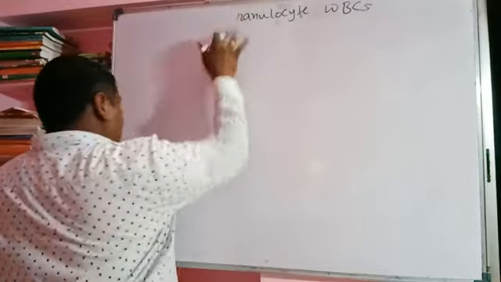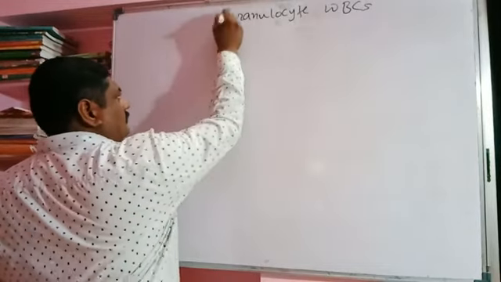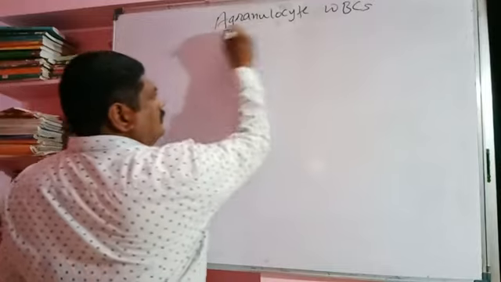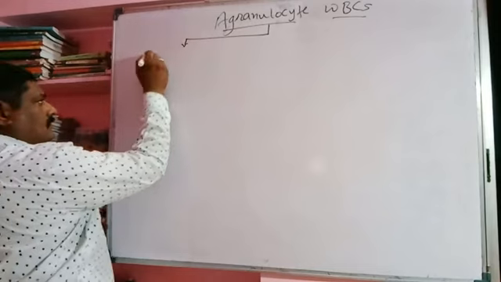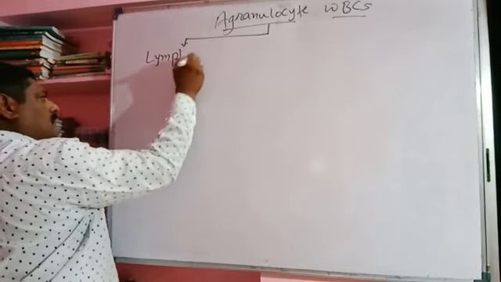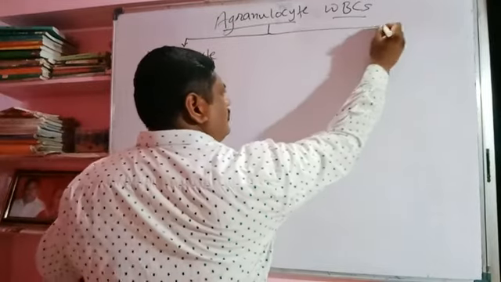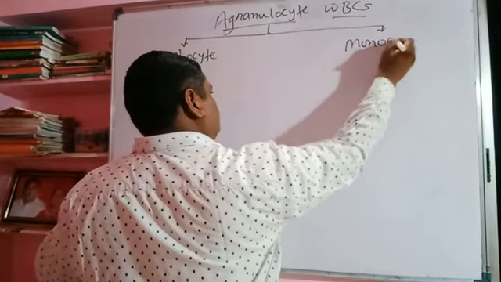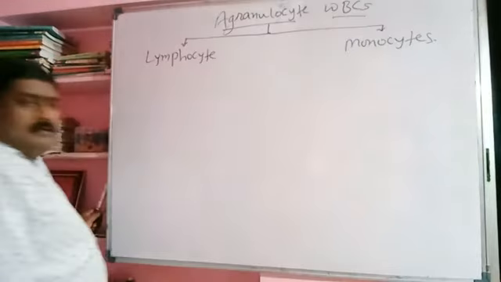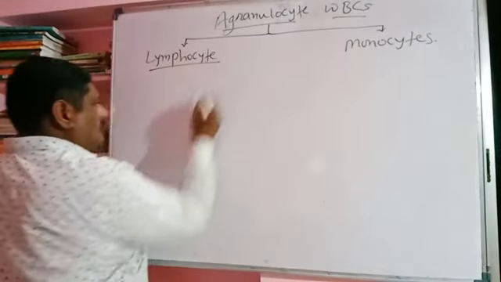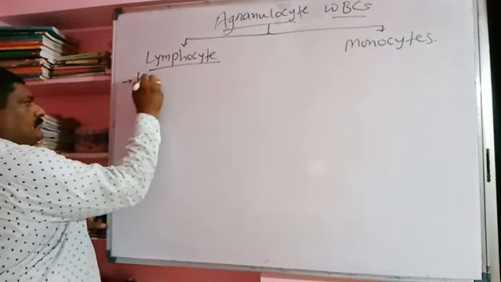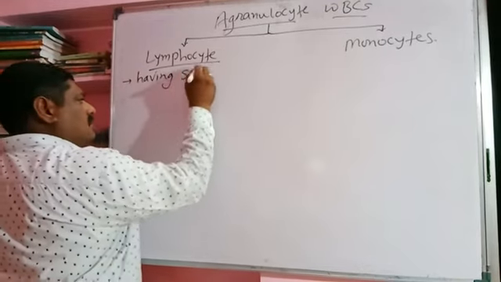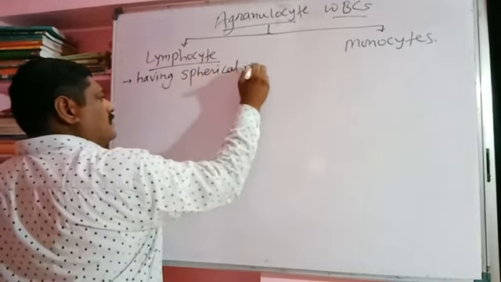Now the agranulocyte white blood corpuscles. These agranulocytes are of two types: lymphocytes and monocytes. Lymphocytes have a spherical, circular nucleus.